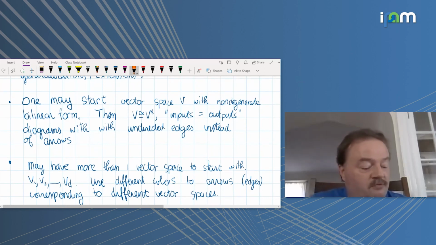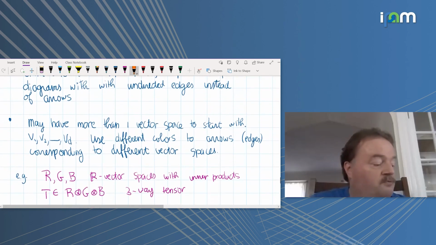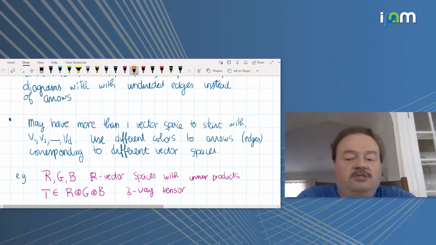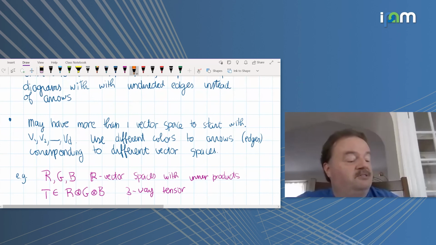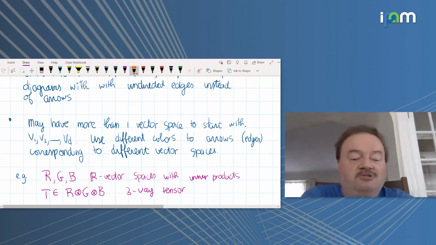Another thing is, here I started out with just one vector space, but one could also start with several vector spaces. And then to distinguish these different vector spaces, basically you get a theory where you have diagrams with arrows, but the arrows may have different colors.